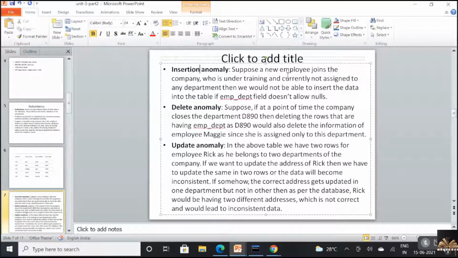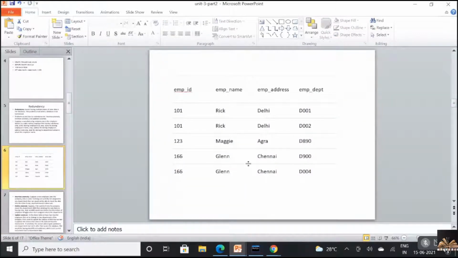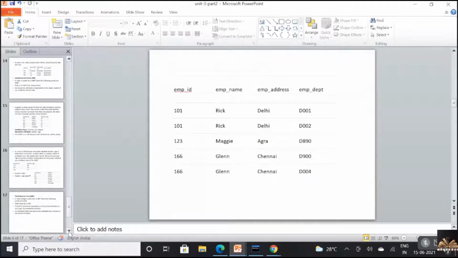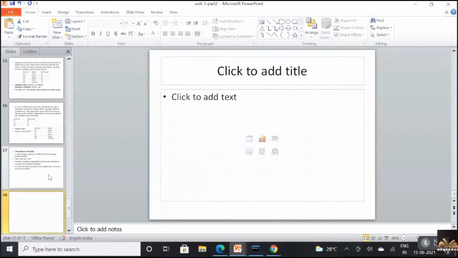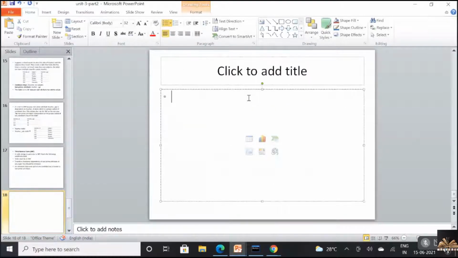Suppose a new employee joins the company. Say his ID is 201 and his name is Suresh. He belongs to Hyderabad.